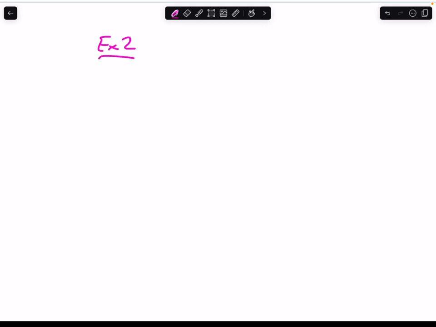Example number 2. We want to simplify using the properties we've just discussed. Part A: 8 plus the quantity 12 plus x. Can we simplify that?